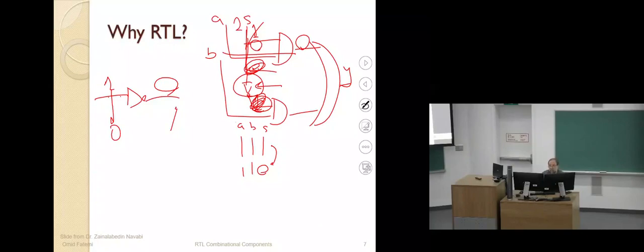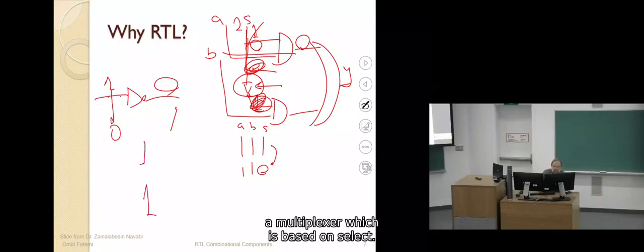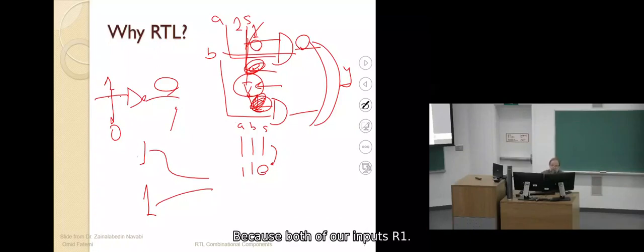Yes. So what's the point then of the circuit if it's always going to be... No, we were expecting it to be 1, because you have 2 inputs, both of them are 1, and you designed a multiplexer which is based on select. Either this one should go to output or this one should go to output. Both of them are 1. So whatever S is, 0 or 1, the output should be 1, because both of our inputs are 1.